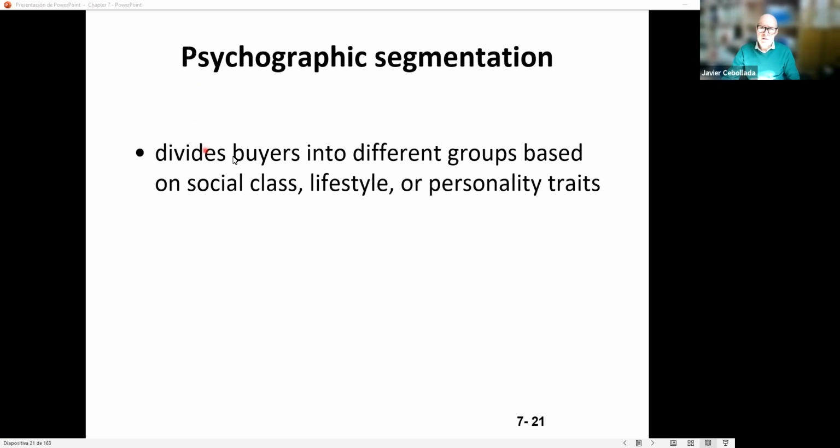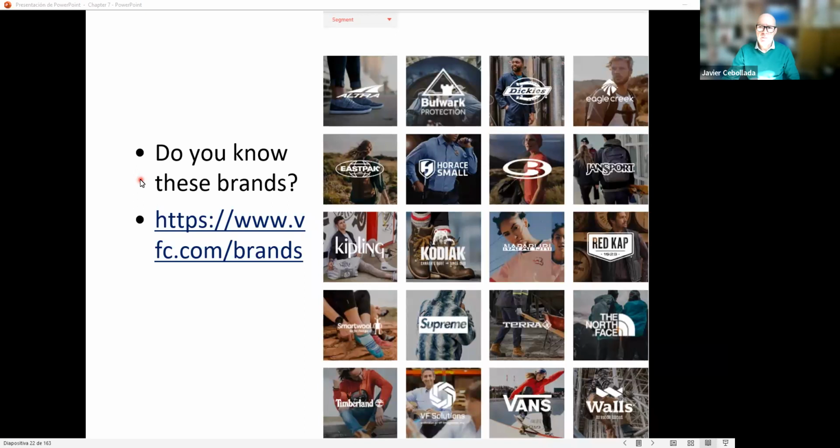Psychographic segmentation divides buyers into different groups based on variables such as social class, lifestyle, or personality traits. This might be a very effective segmentation, and many brands use these variables to segment the market. For example, I'm sure you know some or many of these brands, okay?